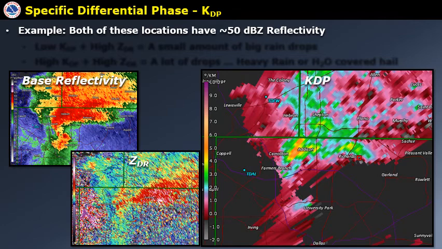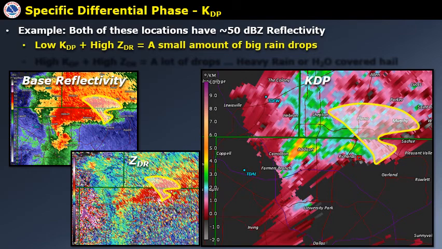Remember, in general, lower values of KDP that are within regions of larger ZDR imply a small amount of large drops. Lower KDP means less of a phase shift, so likely a lower number concentration of hydrometeors, and higher ZDR typically equates to more oblate particles like raindrops.